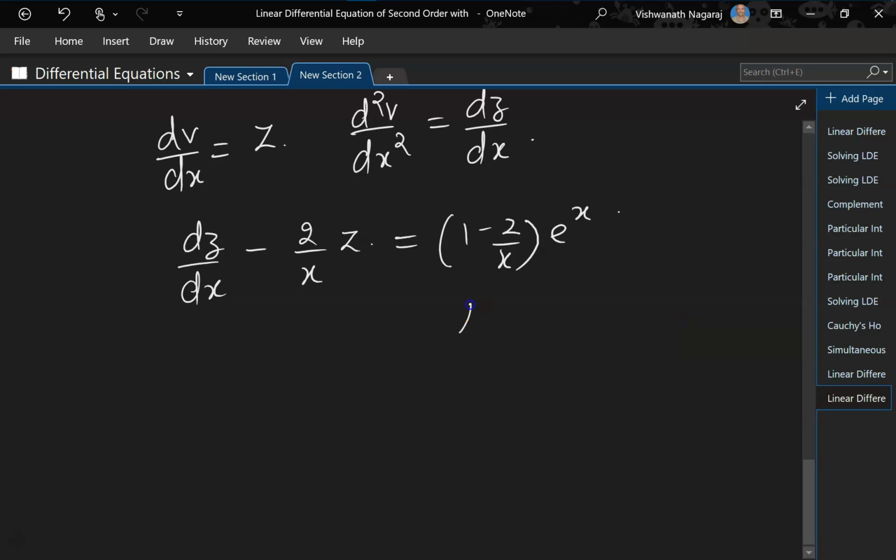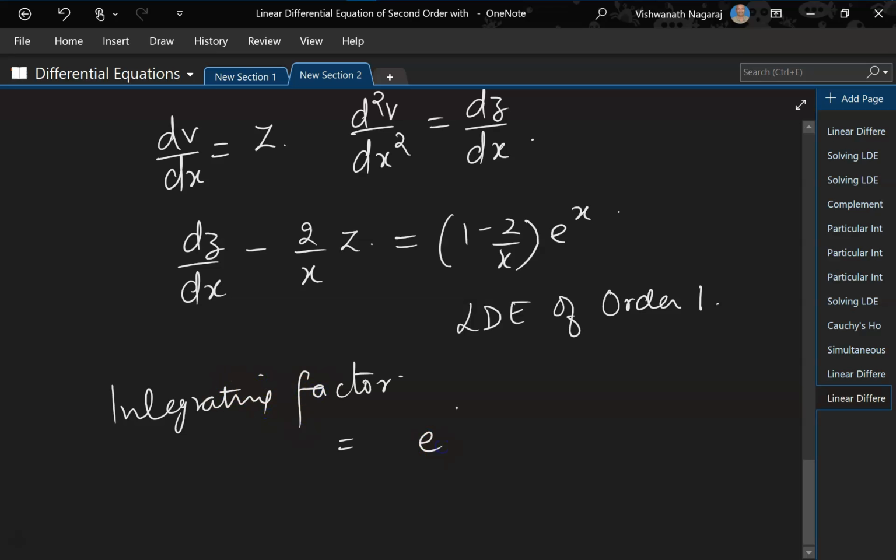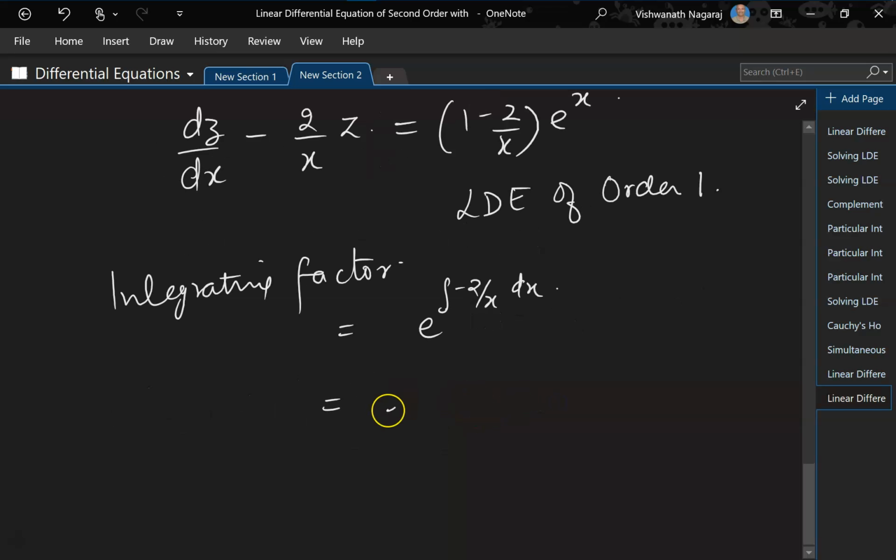Now this is a linear differential equation of order 1, which means we know how to solve it using an integrating factor. So the integrating factor would be e to the power of the integral of minus 2/x dx, which is equal to e to the power of minus 2 times the integral of 1/x dx. Now because the exponent is negative, we can take the whole thing down.